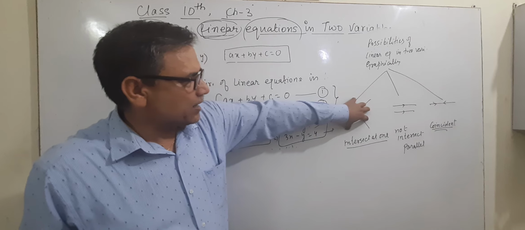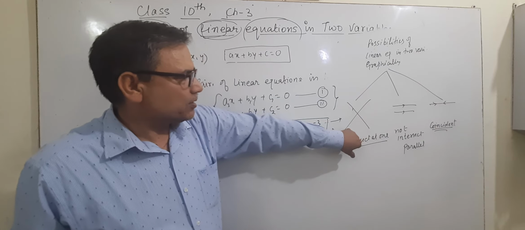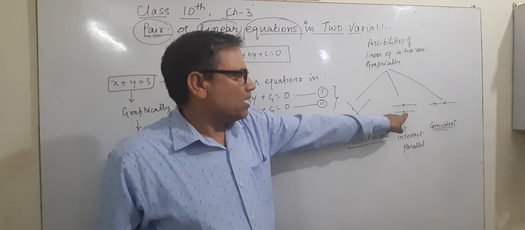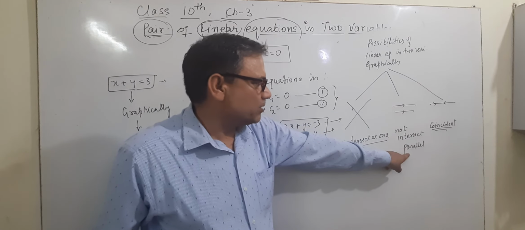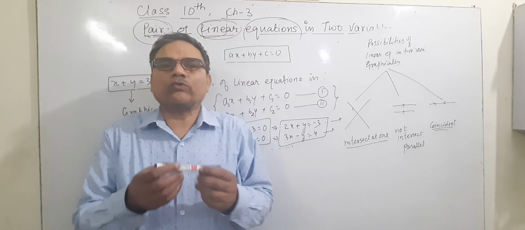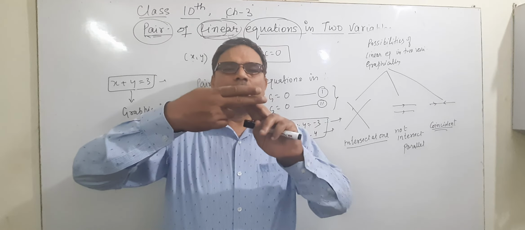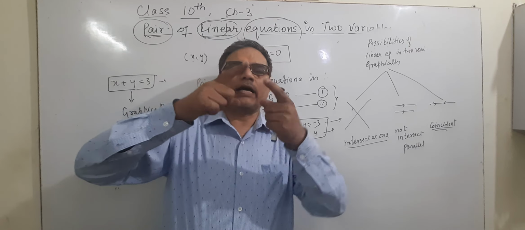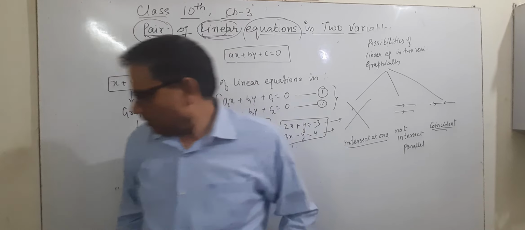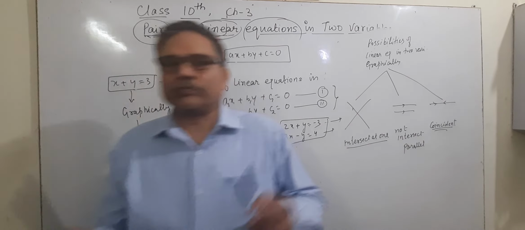Either they will intersect at one point, first equation, second equation. Either they will not intersect, meaning the condition is parallel, they will never intersect. Or they will coincide. Coincide means one line covers the other, overlays it.